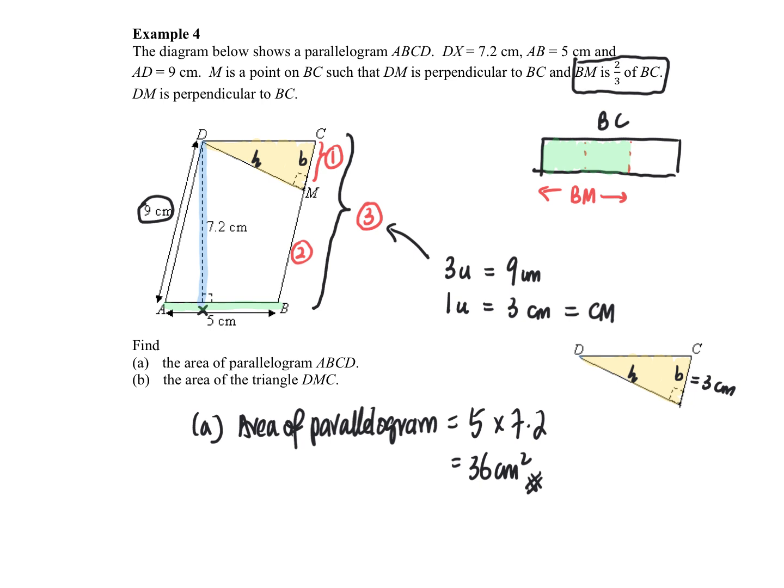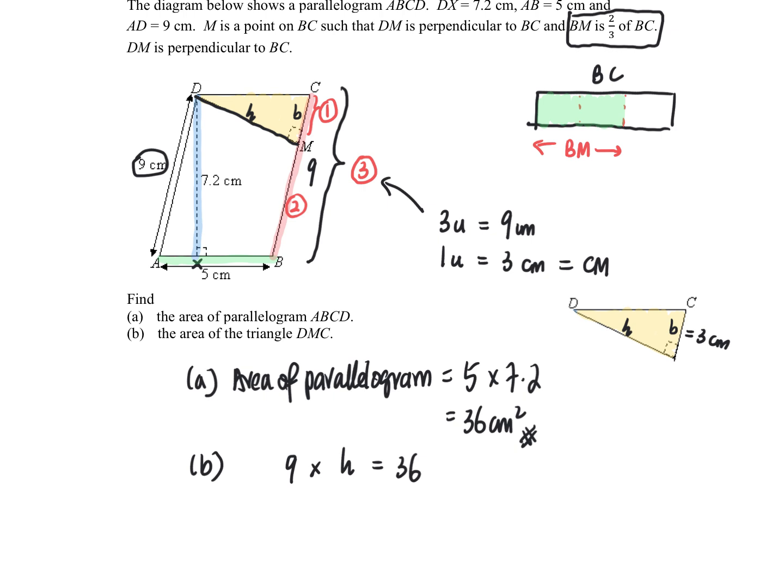So let's do it the other way. Let's change the base of the parallelogram. This is the base 9. So what is the perpendicular height? Base 9 times H, technically, should give you 36.